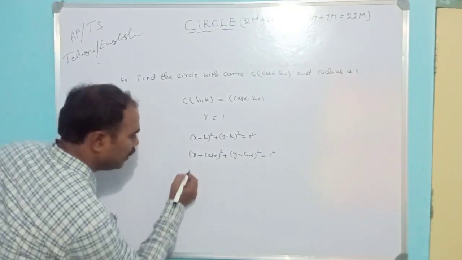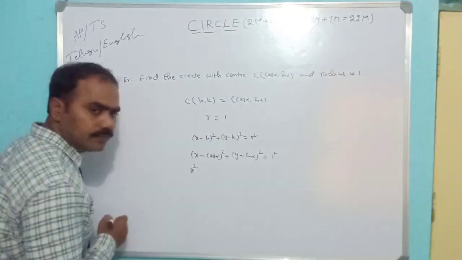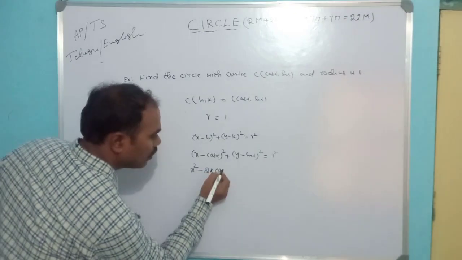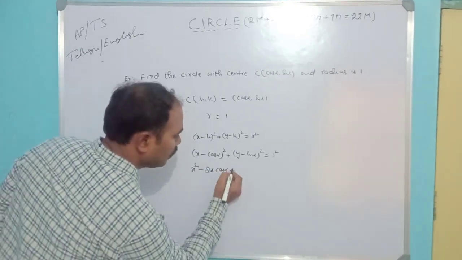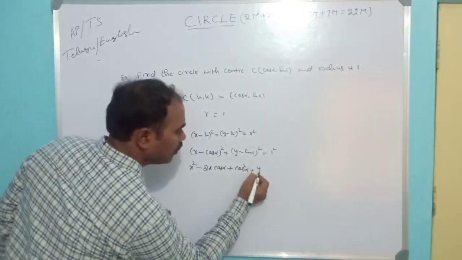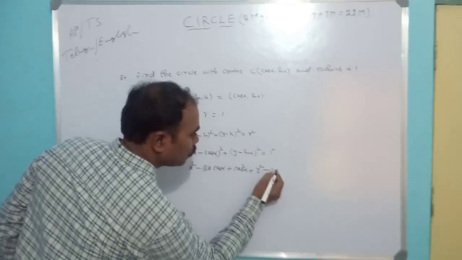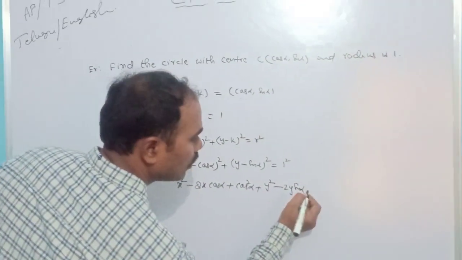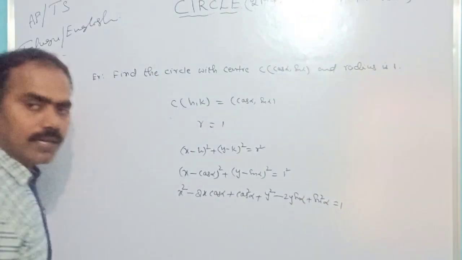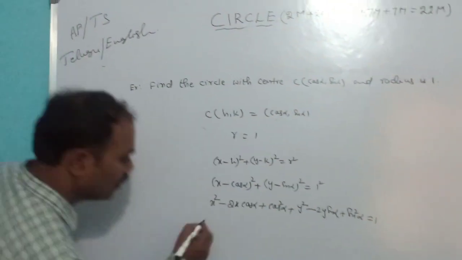On expanding, a square minus 2ab: x square minus 2x cos alpha plus cos square alpha, then y square minus 2y sin alpha plus sin square alpha equals 1.